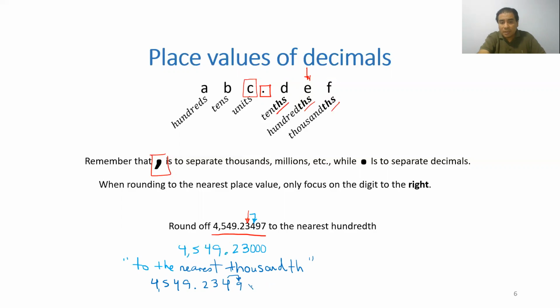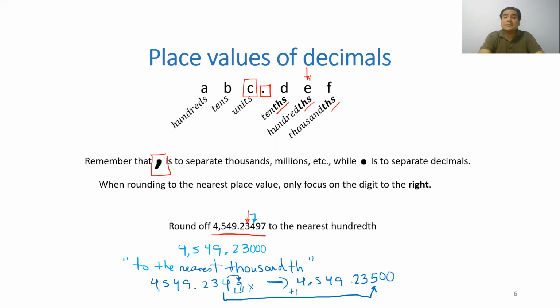The rest we don't care about, right? So here, this one commands that 4 should be upgraded 1 unit. So the rounding would become 4,549.235. Yeah, the 4 just goes up 1 more, right? And the rest becomes 0, which you don't actually need to write. It's okay to write 0.235.